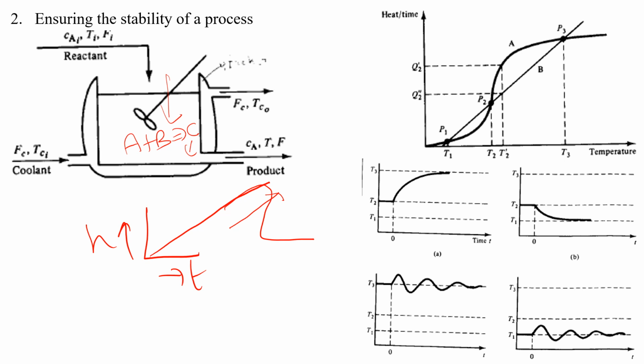So we need some coolant. Then we are controlling the flow rate of the coolant so that the safety will be maintained. For that purpose, we are going for the stability. So stability, in the sense, it should not keep on increasing. It should come to a stable point. For that, we need a process control.